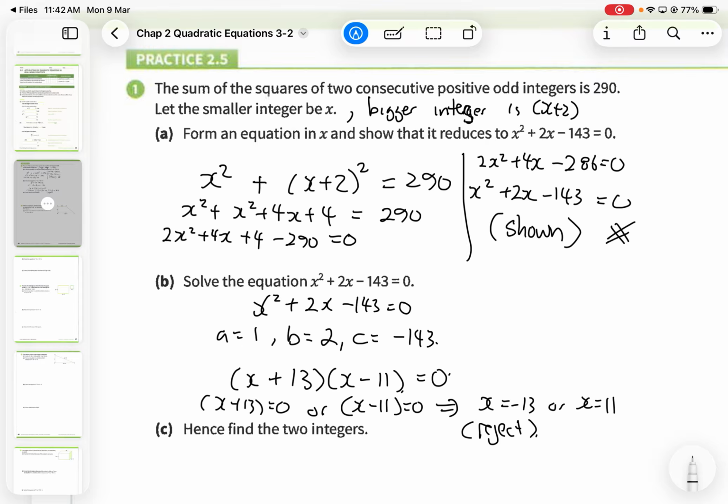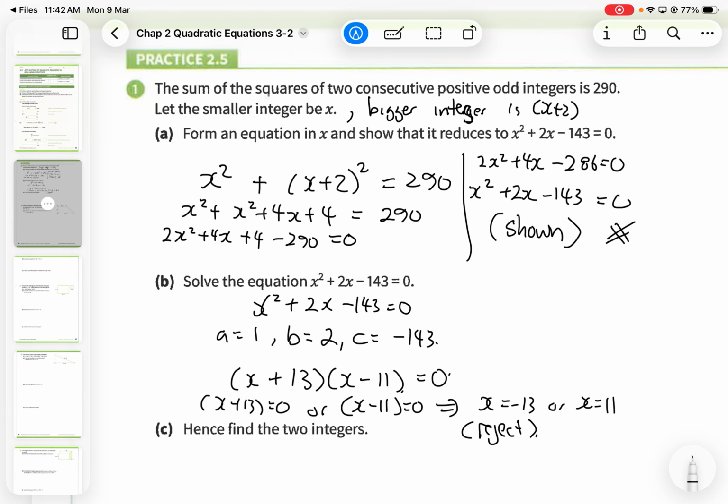Because x equals negative 13 is a solution of this equation, but if I go back to the question, they tell me consecutive positive odd integers. So I don't want a negative integer.